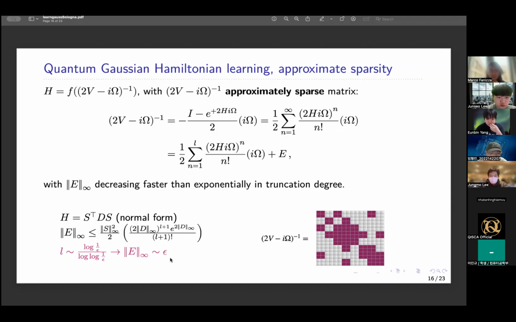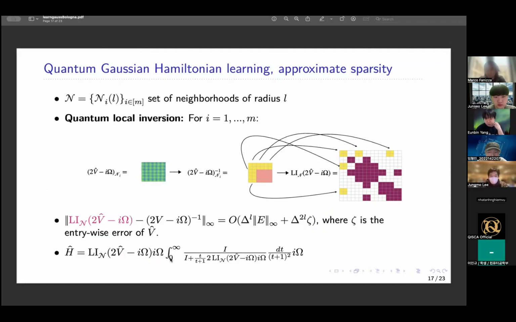And so (2v minus I omega) inverse is approximately sparse, and we can run a perturbation of the Schur complement argument to learn it. So now, instead of having neighborhoods of radius 1, really just looking at the first neighbors to each mode, we have to enlarge our window to neighborhoods of radius that depends on epsilon, as I showed before.